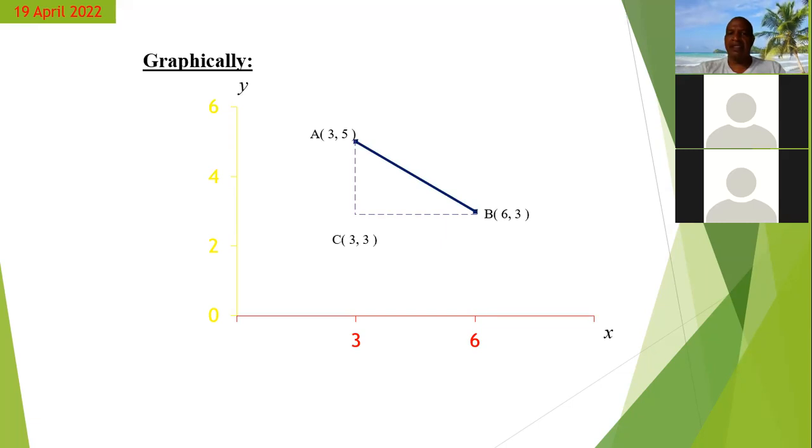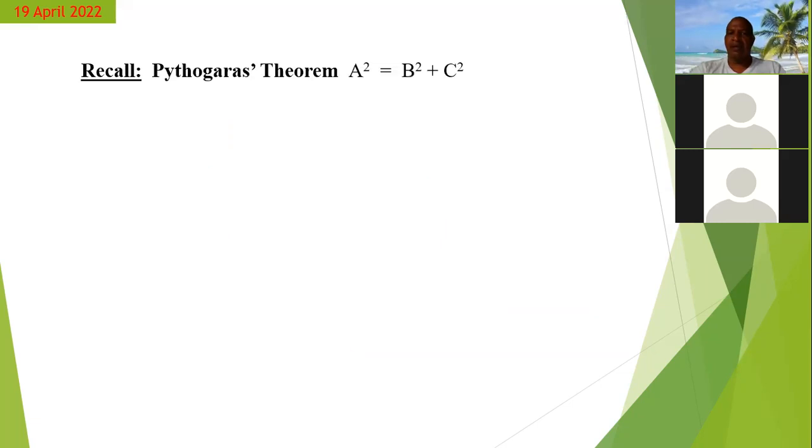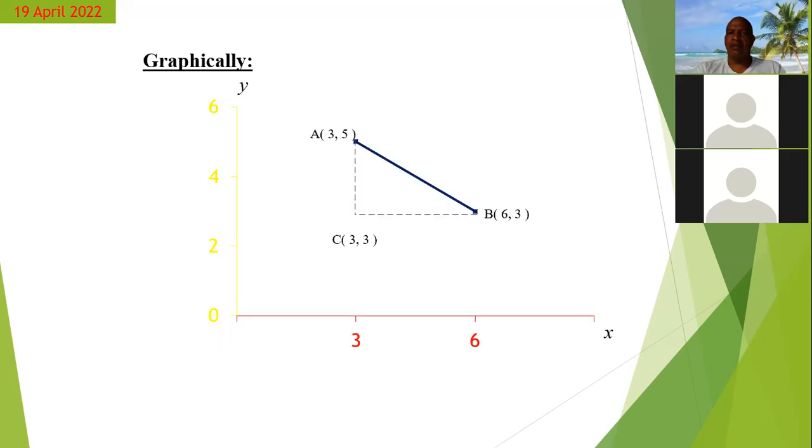So the x length, we would have used the same coordinates here, right? So for the x at c, it's the same x that we have up here. So you take away this 3 from 6.